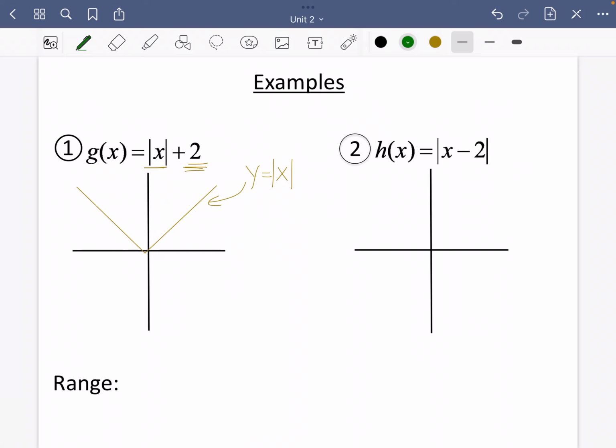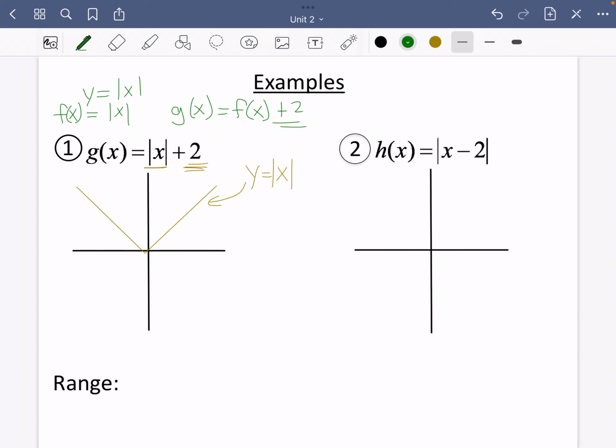Here, the absolute value graph is y equals the absolute value of x, and we could think of it as y equals f of x, where f of x is equal to the absolute value of x. So how does g of x relate to f of x? Well, g of x is simply f of x, the absolute value, plus 2.